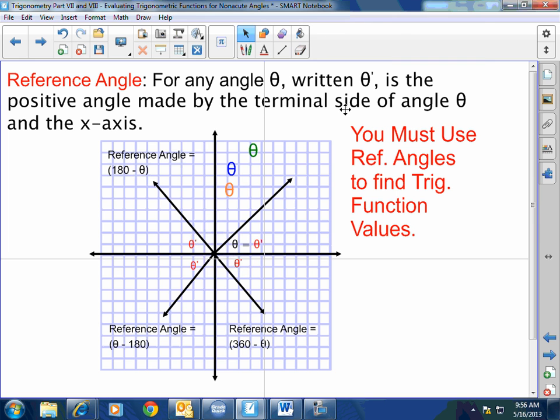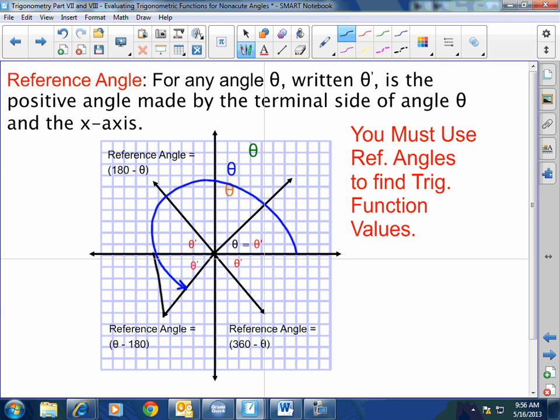And now let's do the blue angle. The blue angle, I go 180, and I go a little bit more. Whenever you have a reference angle, you create it by dropping an altitude to the x-axis, creating your 90 right there. This is going to be my reference angle now. So for quadrant 3, the reference angle is your major theta minus 180.